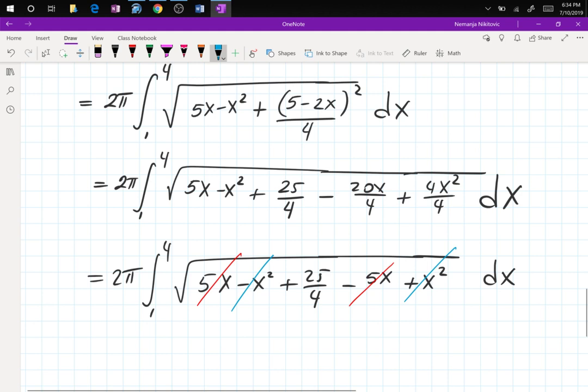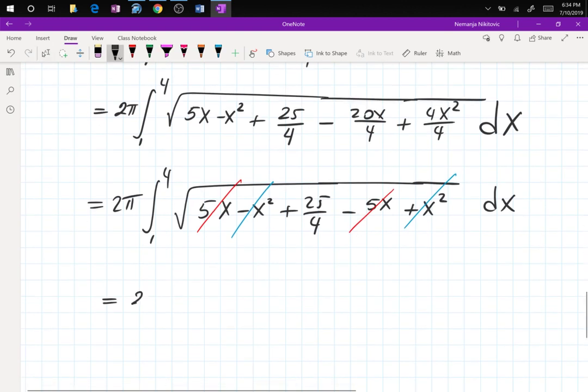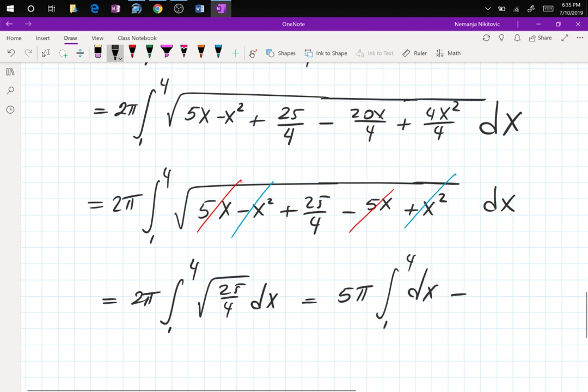Square root of 25 over 4, we are integrating 5 halves. This is awesome. 2 pi integral 1 to 4, all you have is the square root of 25 over 4 dx, which is 5 halves. So this is 5 pi integral 1 to 4 dx, which is 15 pi when you, well, let's do another step.